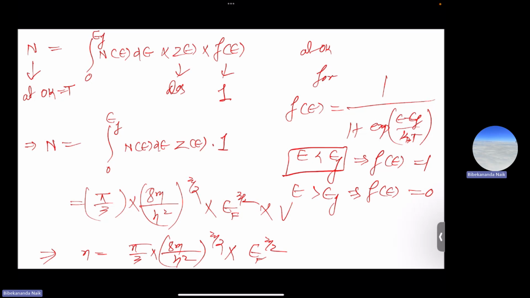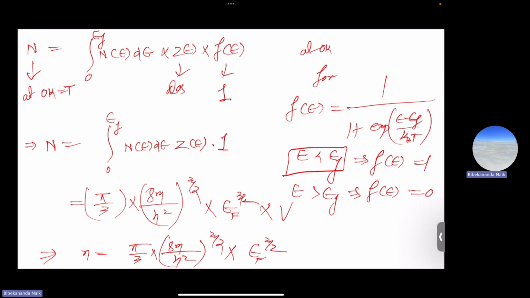positive. It is for E, sorry, E is less. So if E is less than EF, exponential E minus EF by kBT will be 0. How? Because kBT is infinity and exponential E minus EF is minus, since E is less than EF, so E minus EF will be negative.